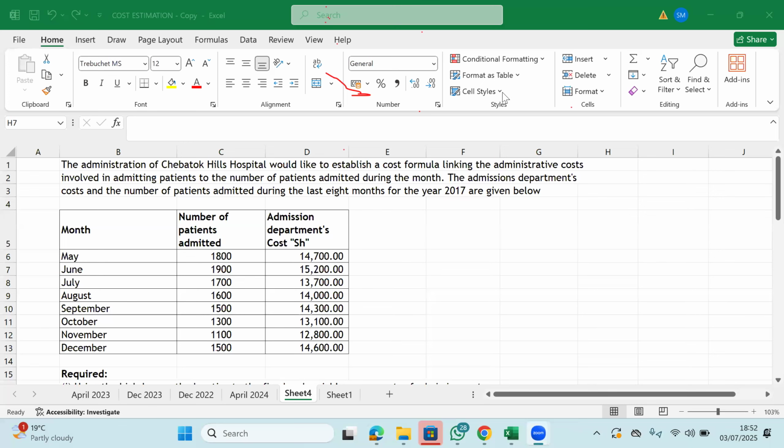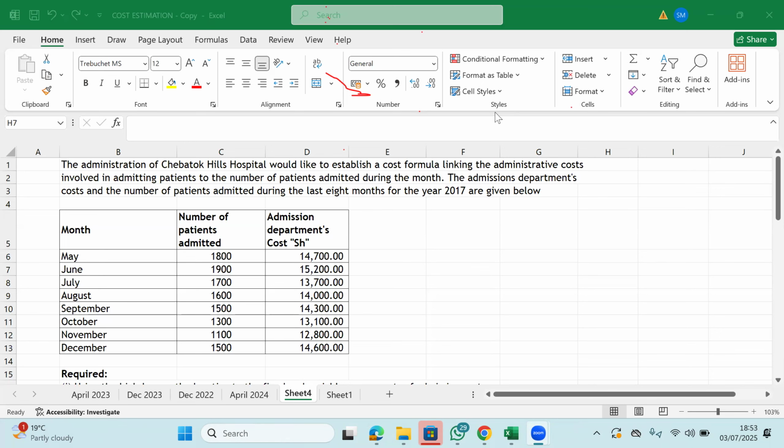Kindly confirm. The administration of Chebatok Hills Hospital would like to establish a cost formula linking the administrative costs involved in admitting patients to the number of patients admitted during the month. The admissions department costs and the number of patients admitted during the last 8 months for the year 2017 are given below.